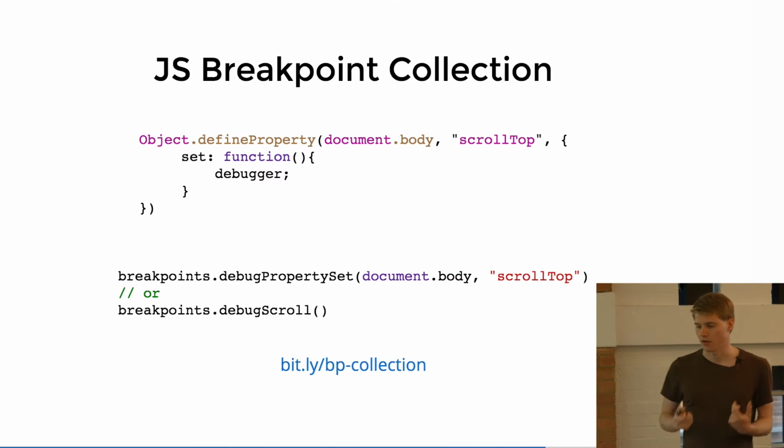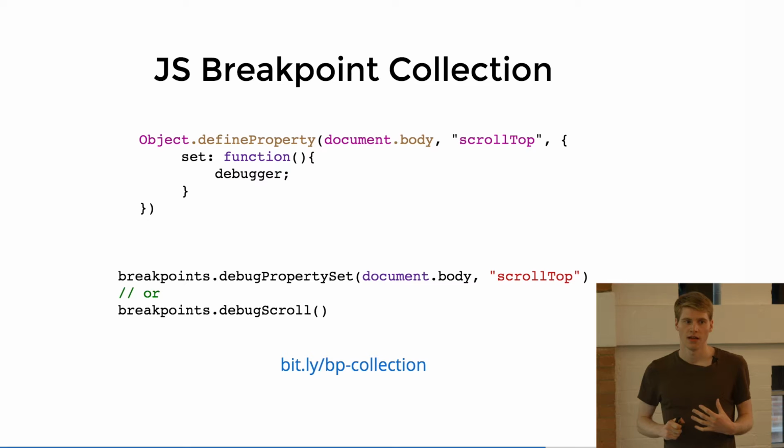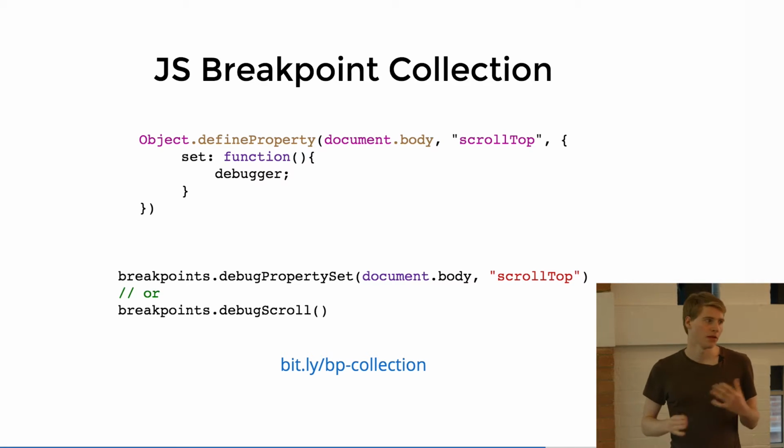So I've been working on a library called JavaScript Breakpoint Collection. It gives you a debugPropertySet function that takes care of adding the breakpoint and also calls through to the original setter method. Alternatively, there's a simpler version, debugScroll. It combines a bunch of different things that can be responsible for a scroll change on a page.